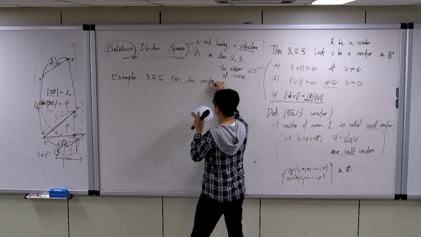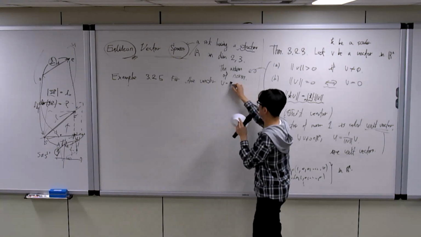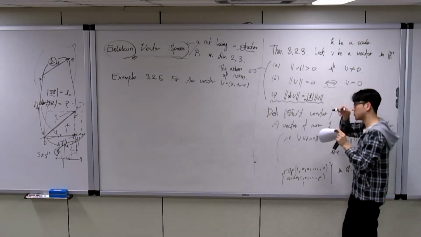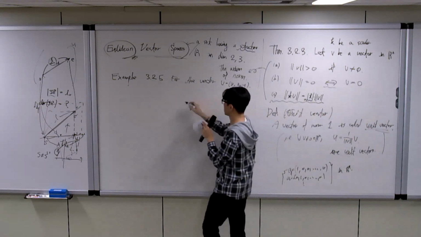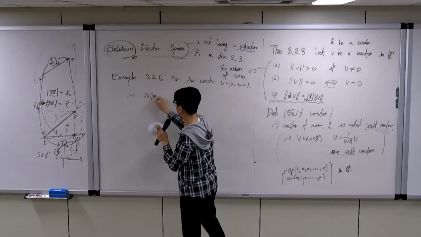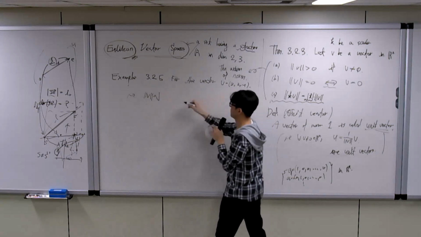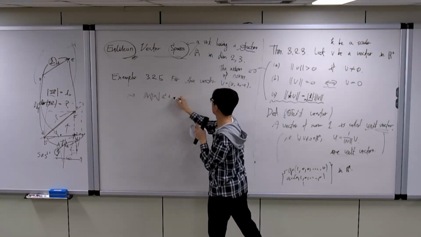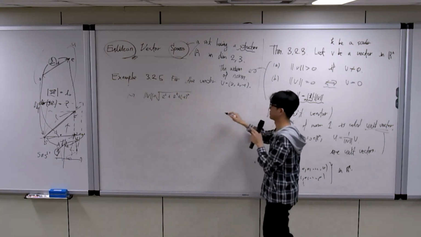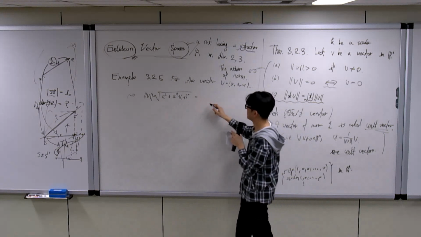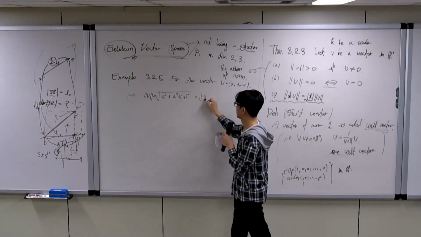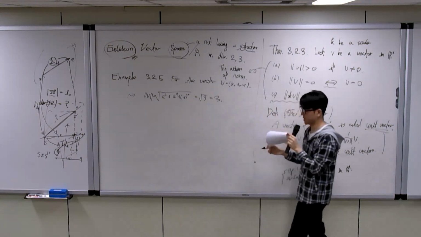The vector will be written as a sequence of real numbers. It is 2 2 minus 1, and then we can calculate the norm of v. By the definition, it is the square root of 2 squared plus 2 squared plus minus 1 squared, and it is 4 4 1, so 9, and its norm is 3.